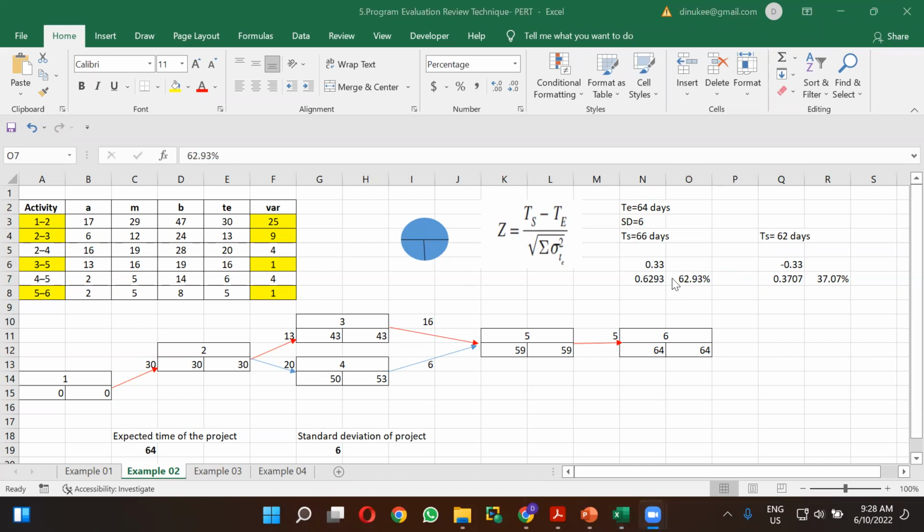After calculating this Z value, you can just say that to complete this project within 66 days of the scheduled time, it has a probability of 62.93%, right? So you have to do up to this point, and if it is good, you can write down the interpretation as well, right? Is that okay?